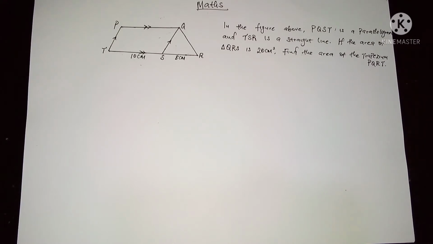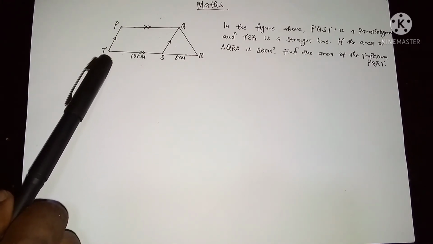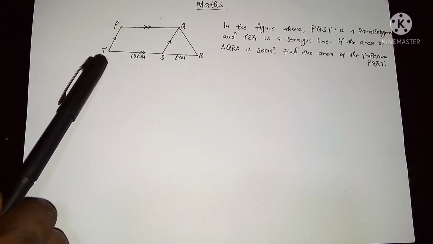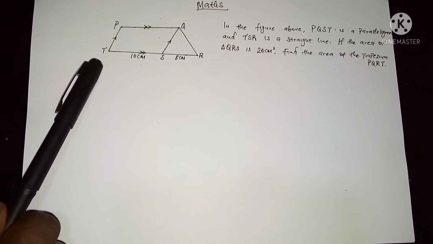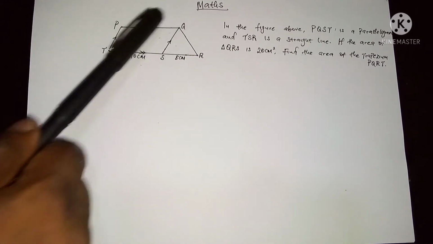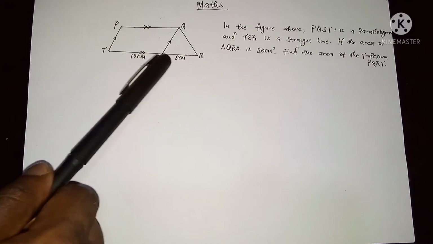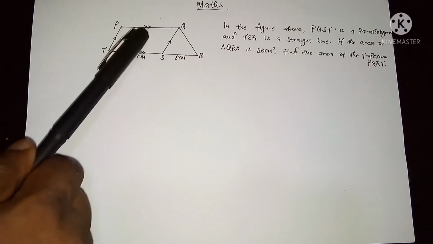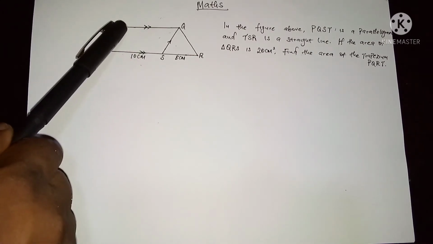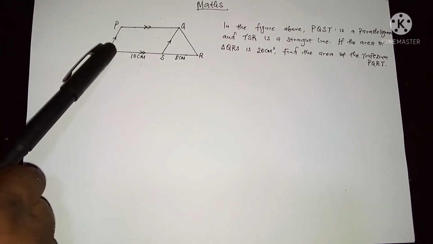A trapezium has four sides, of which two are parallel to each other, which is this side and this side. It means they cannot intersect, and the distance between both of them is the same.